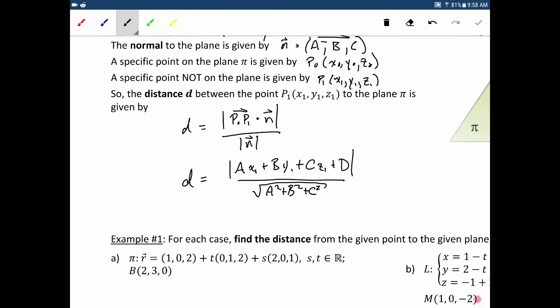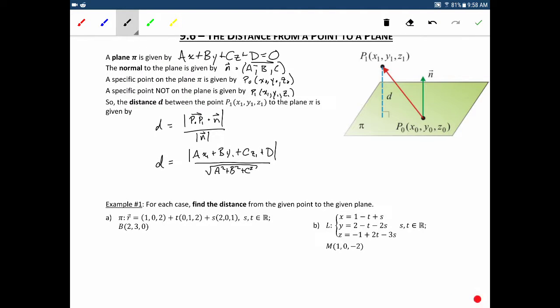So that's our distance formula from a point to a plane, and you notice it is quite similar to the formula from a point to a line.